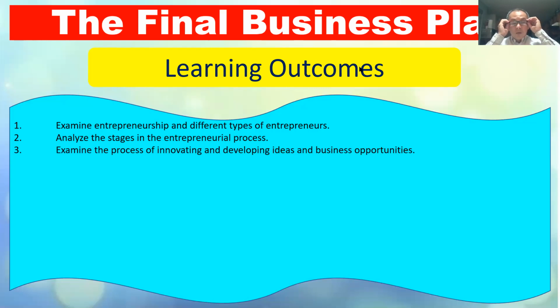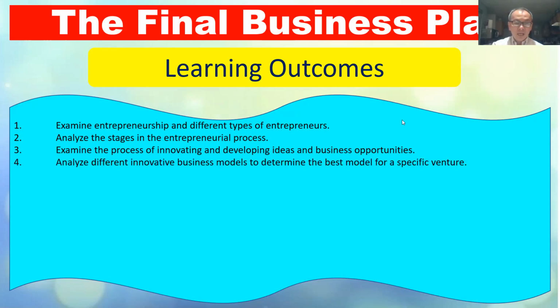One of the learning outcomes is for us to be able to examine entrepreneurship and different types of entrepreneurs. We have analyzed the stages of the entrepreneurial process, like your growth stage or the development stage. Examine the process of innovating and developing ideas and business opportunities.